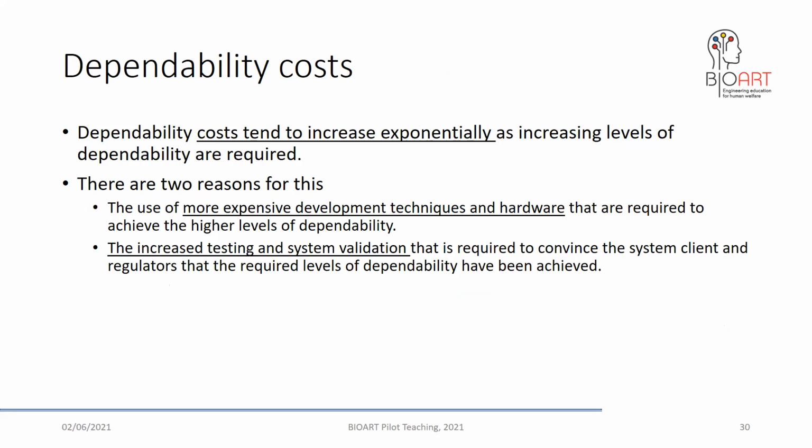So when we are talking about quality, when we are talking about dependability, we all know that costs are increasing exponentially, and the earlier you find errors, the less the costs of our systems.